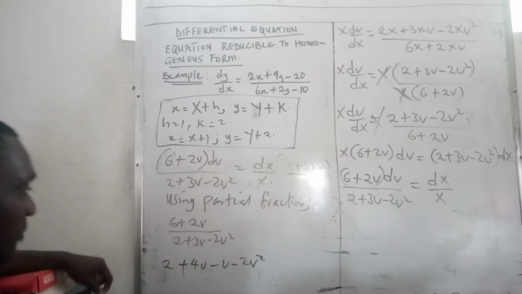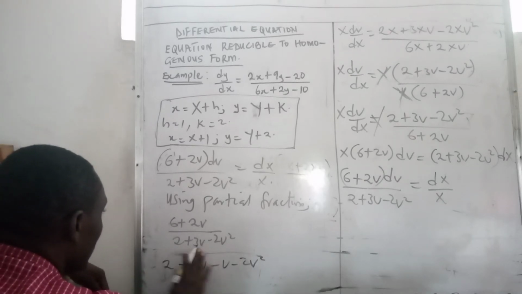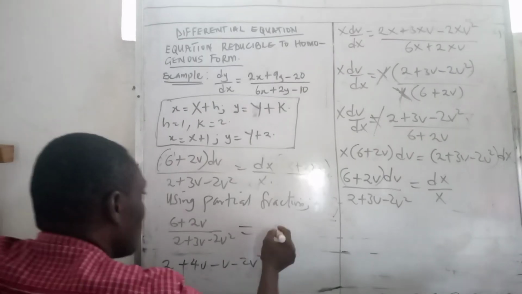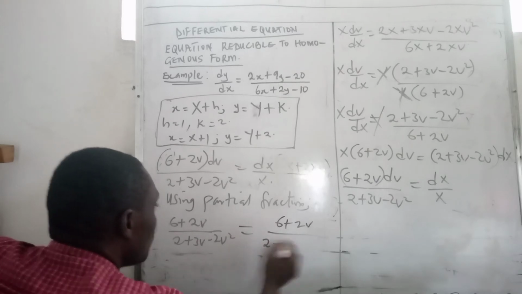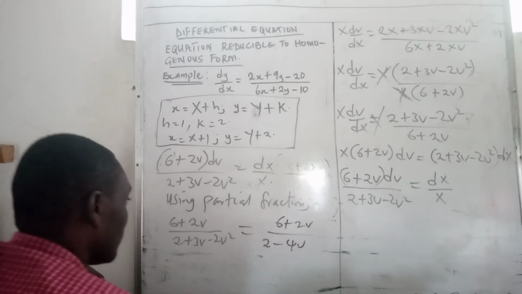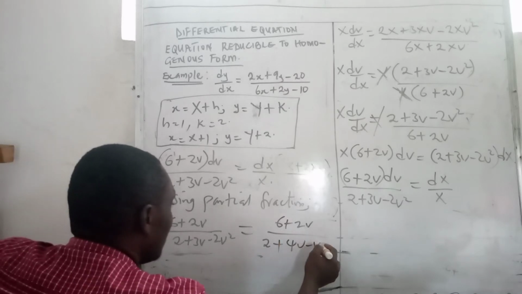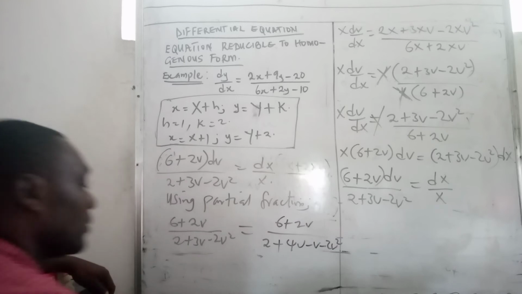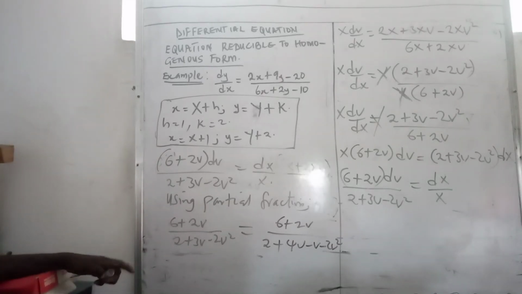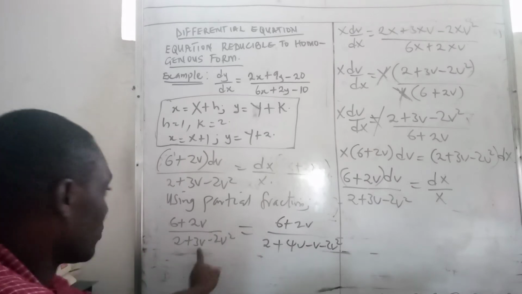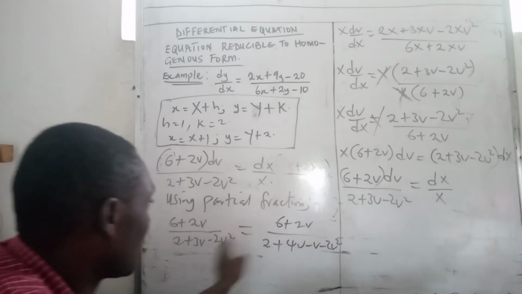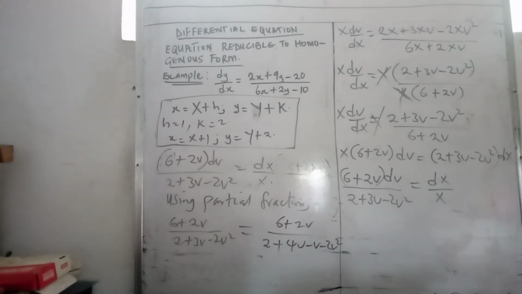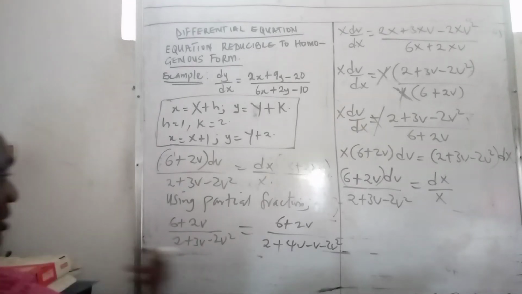That's the denominator, that's what I'm factorizing. So 6 plus 2v all over 2 plus 4v minus v minus 2v squared. 4v minus v is 3v, so I have 2, I have minus 2v squared, so this can be factorized. So factorization should not be a problem.